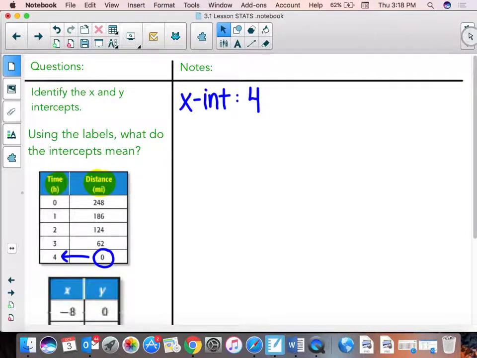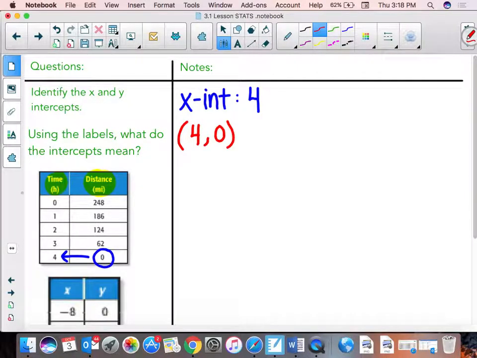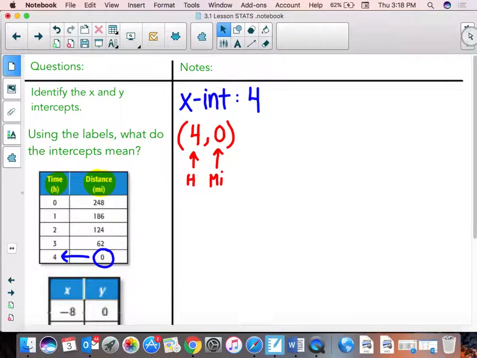So my x-intercept is 4. So that ordered pair is 4, 0, just like it says in the table. 4 is hours, 0 is the miles. So this is talking about if I start after 0 hours, I have 248 miles I need to drive. After 4 hours of driving, I have 0 miles left.